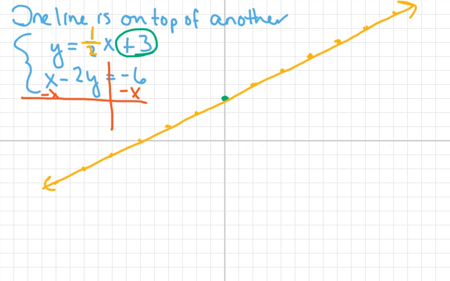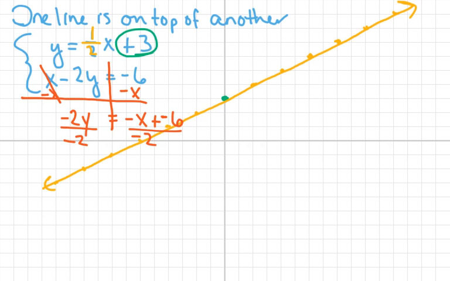If I subtract x, that gets rid of this x on the left. The negative 2y drops down. And then remember, we like our x's first, so it's negative x plus negative 6. Or you could just put minus 6 if you wanted. And then our next step is to isolate the y by dividing by negative 2 on both sides.